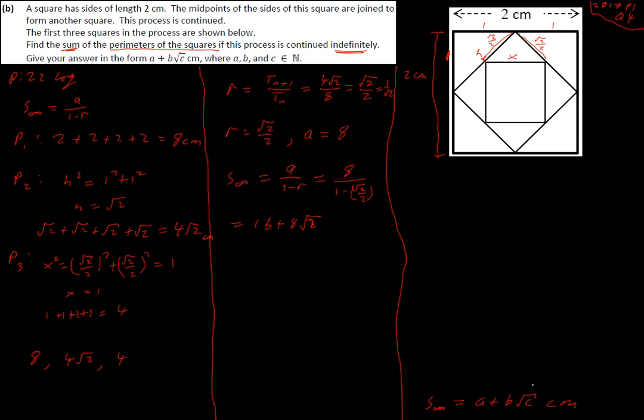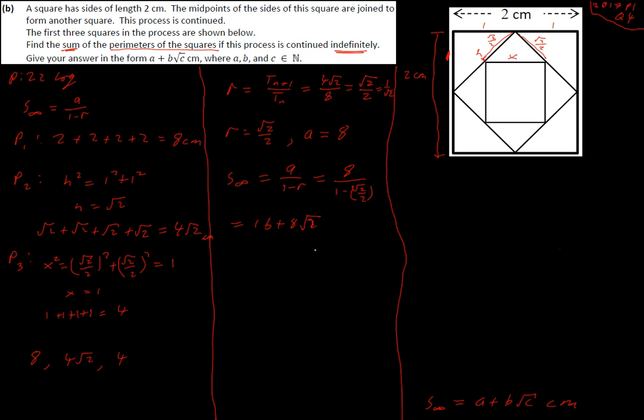Which is lovely, because that's exactly the form that you were expected to give your answer in. Now, if that didn't happen, so I really recommend that you do this on your calculator. If your calculator is not set up to give an answer like this, it could cause you problems in the exam. I know the Casio ones do work that way. I know there are versions of the Sharp calculators that don't.